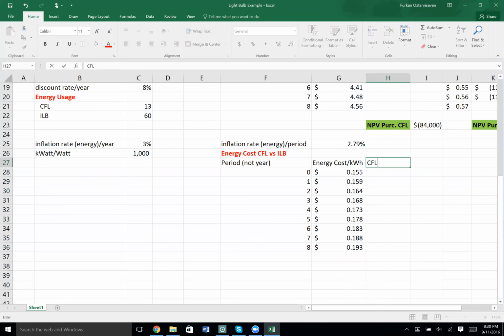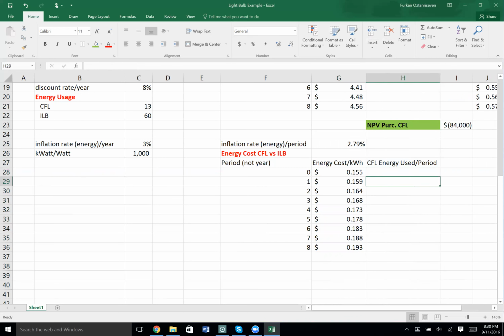Now let's calculate, next step, energy used by each type of bulb. So CFL energy used per period. I know that a CFL bulb is using 13 watts of energy per hour.